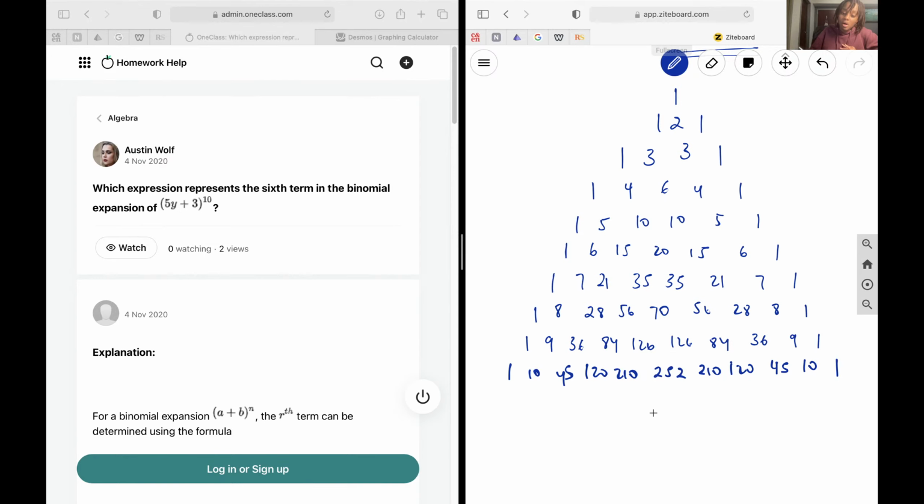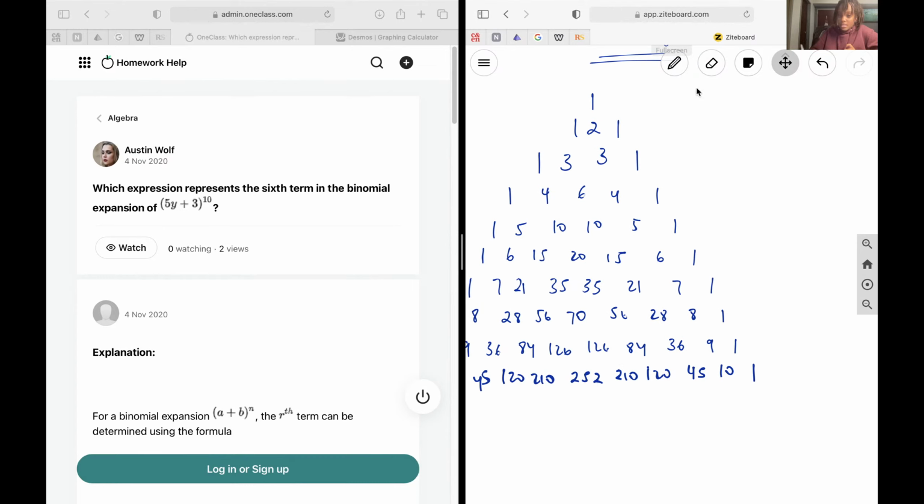Now, the reason I did it all the way until 10, which you don't often see, is because I have the power of 10. And typically the number that you'll see to the power of is the number that you'll expect for your second number. Now, to use Pascal's triangle, you need to understand how to read it. Pascal's triangle is when you have x plus y squared.